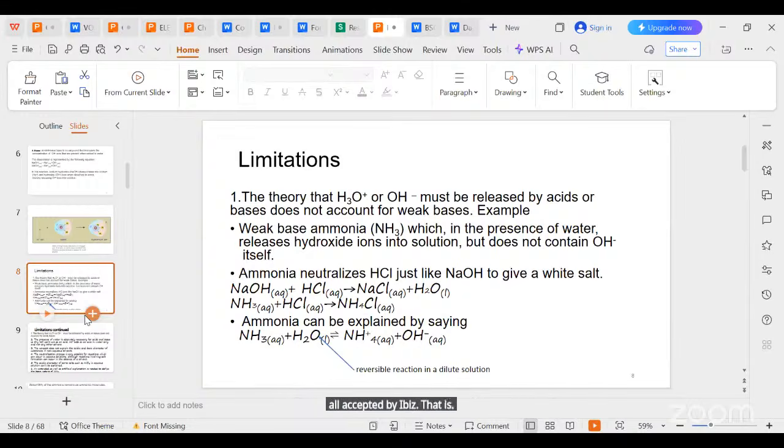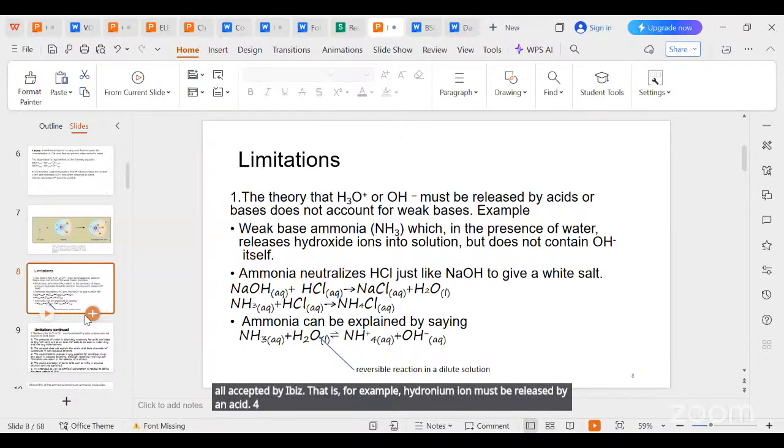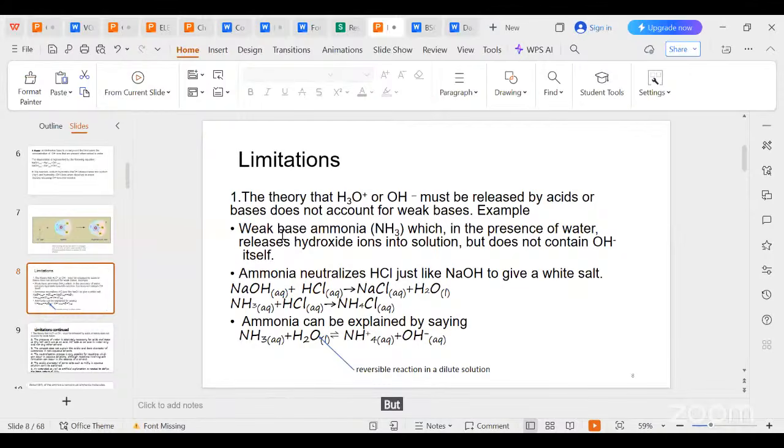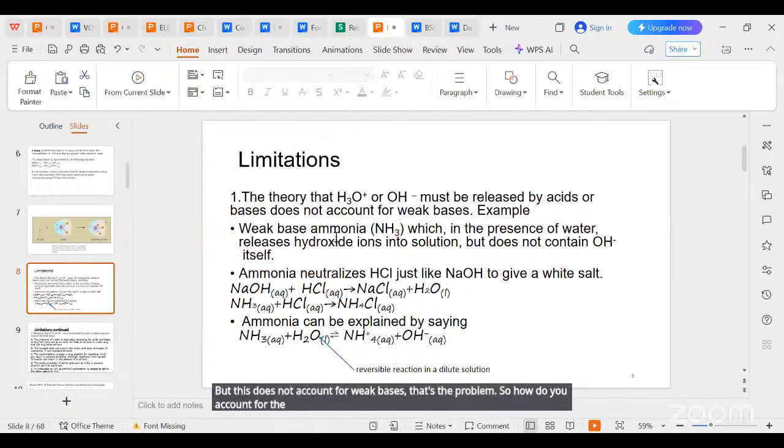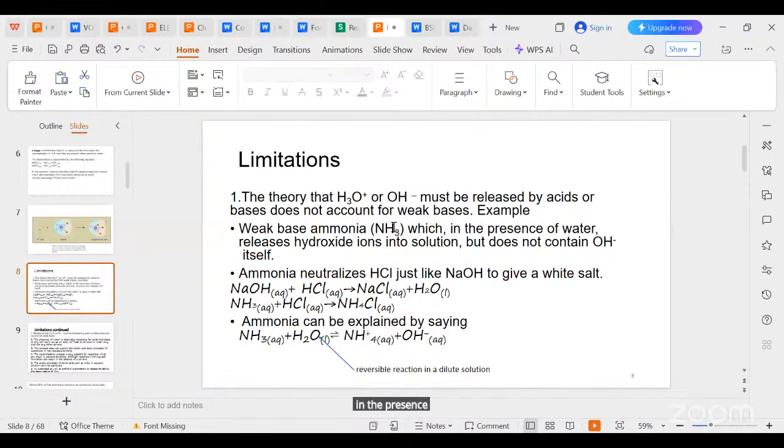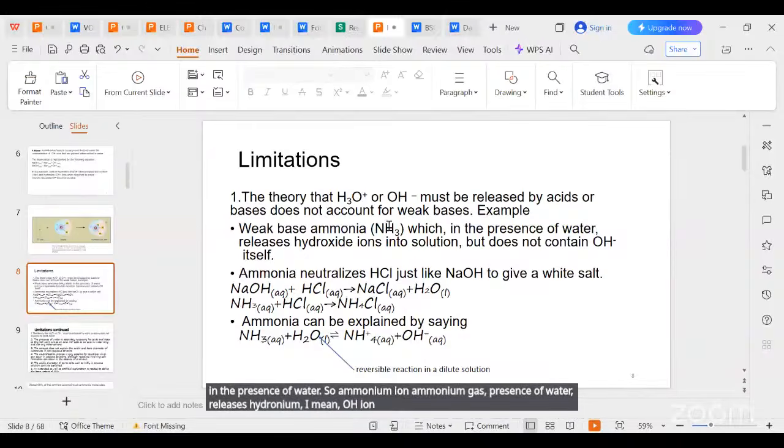For example, the hydronium ion must be released by an acid, and the OH ion must be released by bases. But this does not account for weak bases. That's the problem. How do you account for the basicity of ammonia gas in the presence of water? Ammonia gas in the presence of water releases the hydroxide ion.